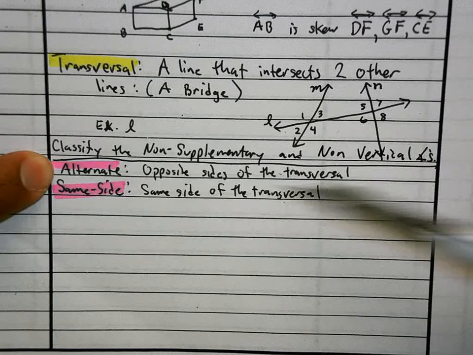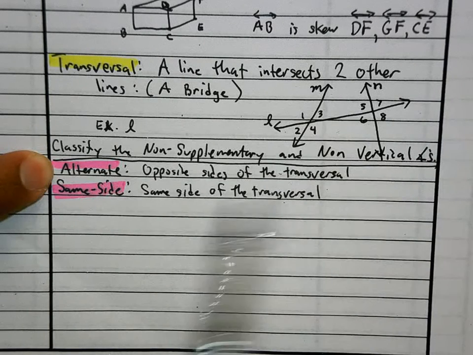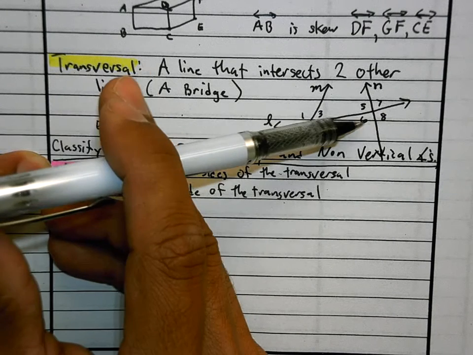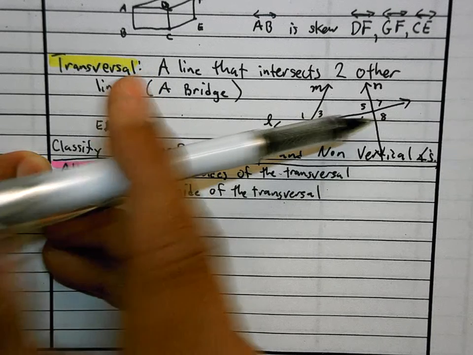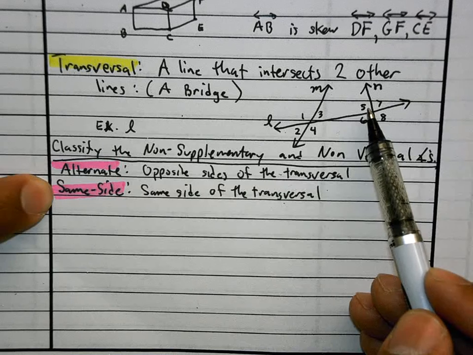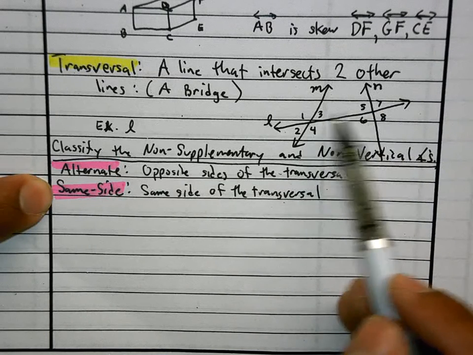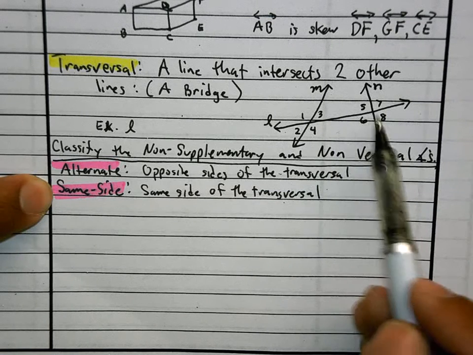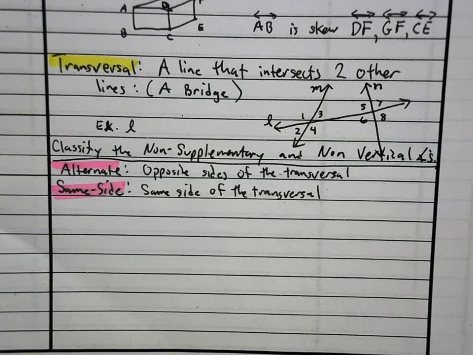We want the ones over here. 1 is alternate to either 6 or 8. Same side: 5 is on the same side as 3. 7 is on the same side as 3, and 7 is on the same side as 1. You just want to make sure you're not using the ones that are next to it.